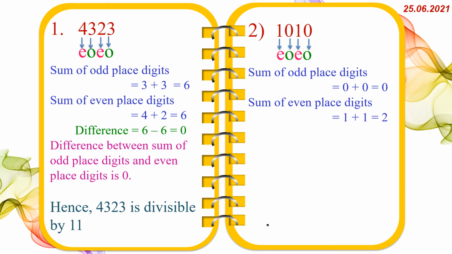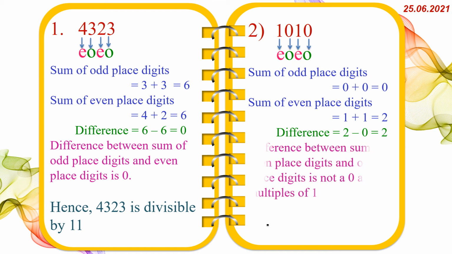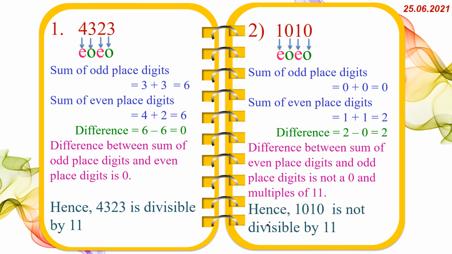Let us find the difference: 2 minus 0 equals 2. Therefore, the difference between the sum of the even place digits and odd place digits is not 0 or a multiple of 11. Hence, 1010 is not divisible by 11.